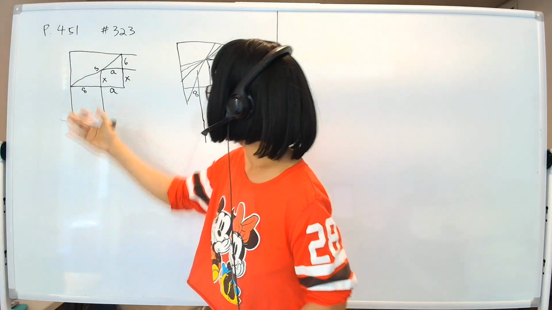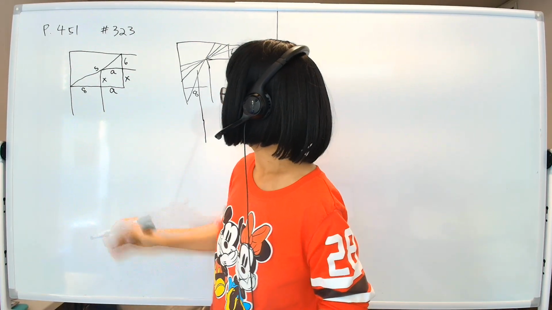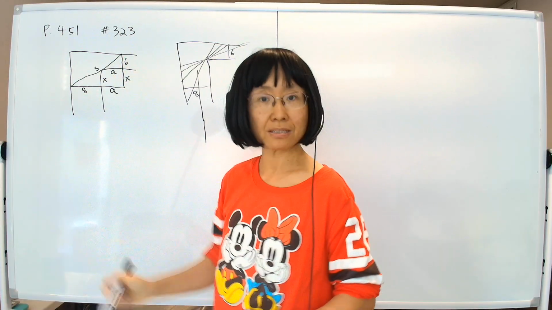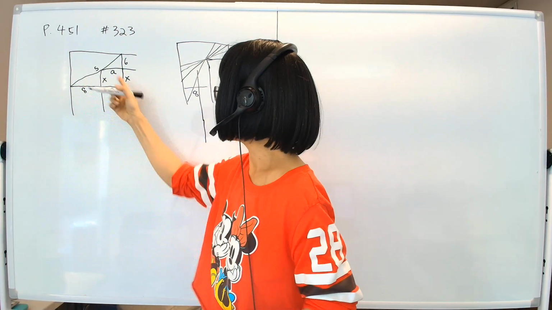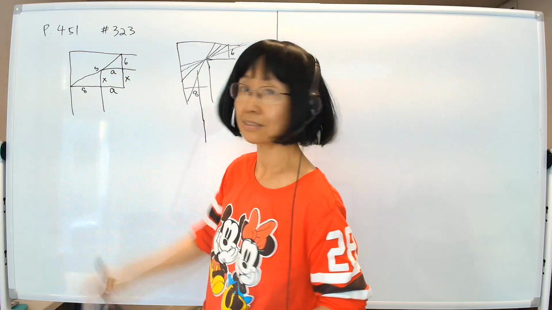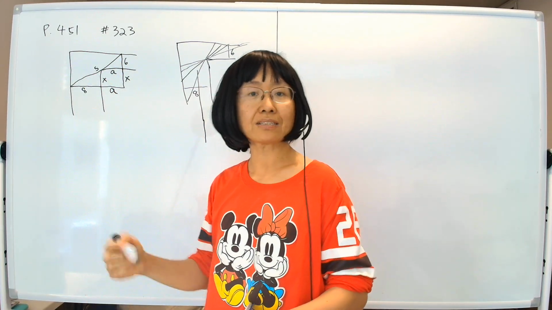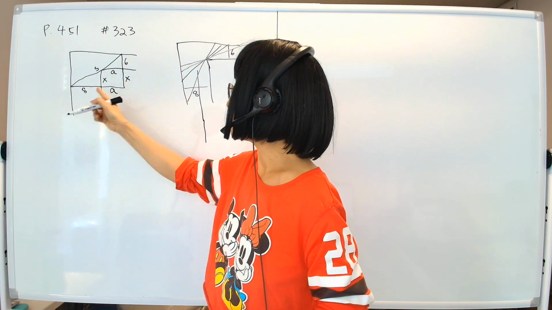At first that might not be that obvious, but if you stare at this more carefully, you notice these two triangles are similar triangles because these lines are parallel. Similar triangles have the rule that their sides are proportional.